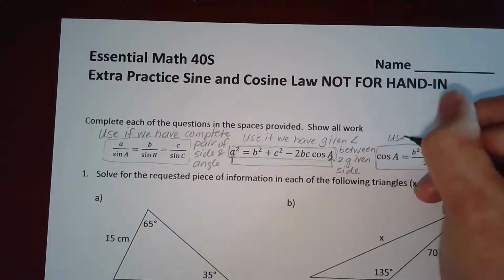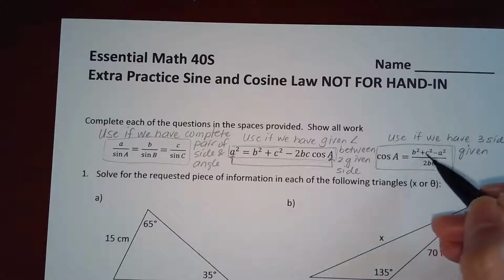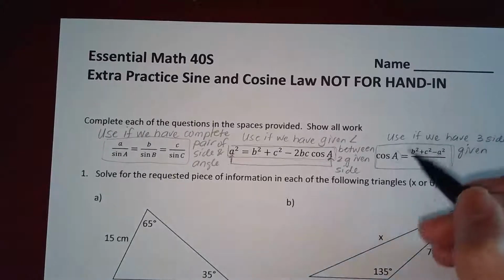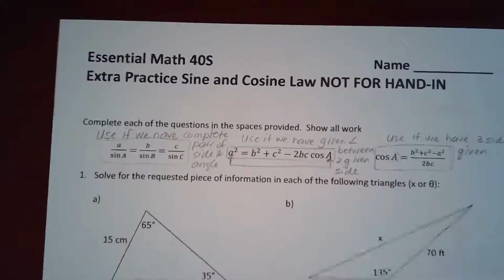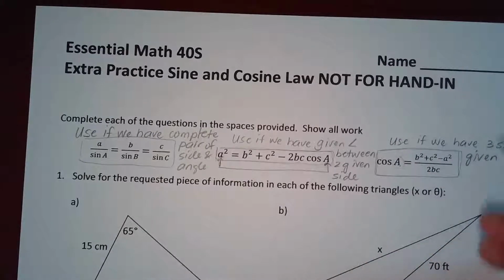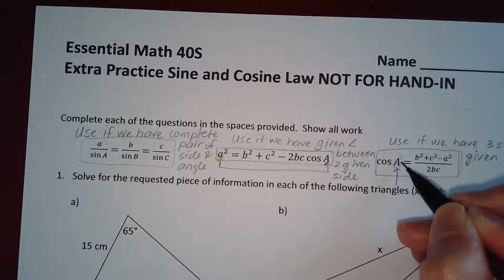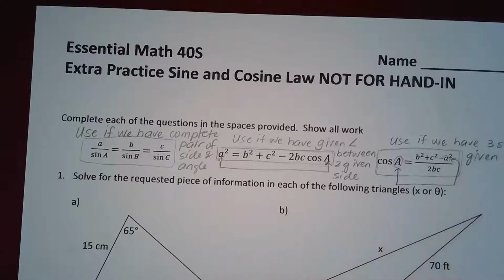We use it if we have three sides given, and we're going to look for the angle, or one of the angles. Sometimes the triangle is not labeled A, B, and C, but X, Y, and Z. Whatever this angle is, angle A, this one here is side A.